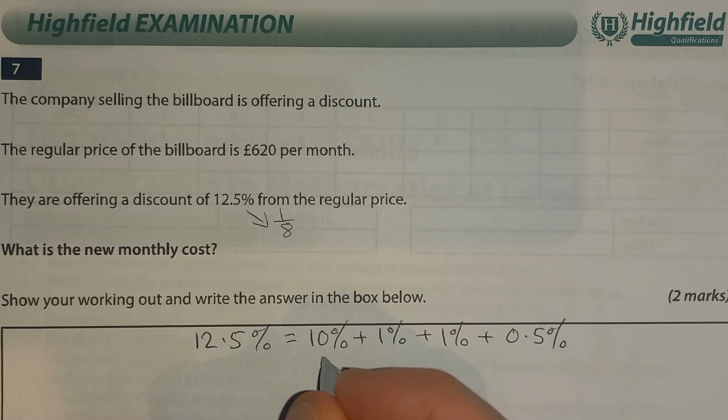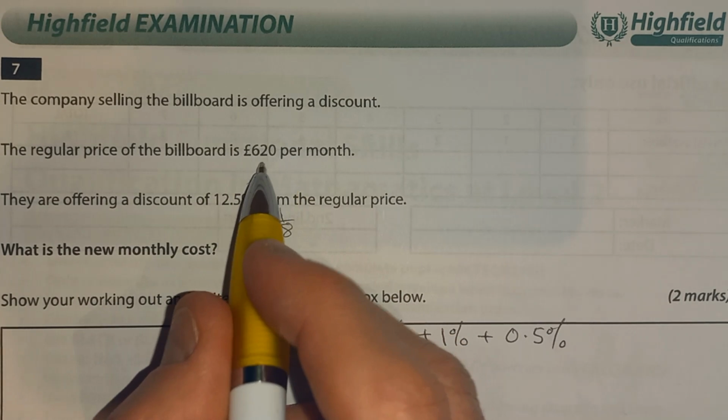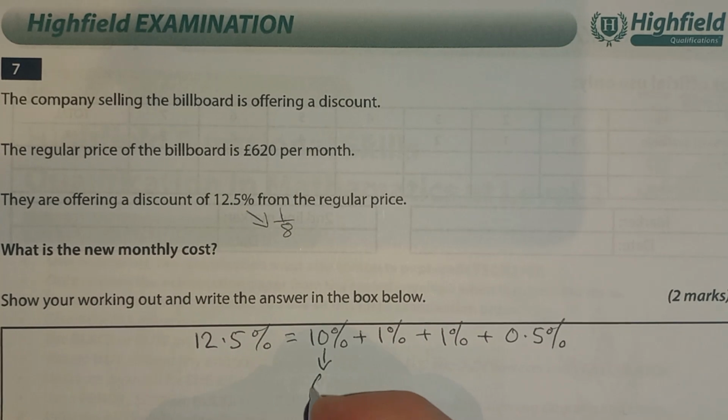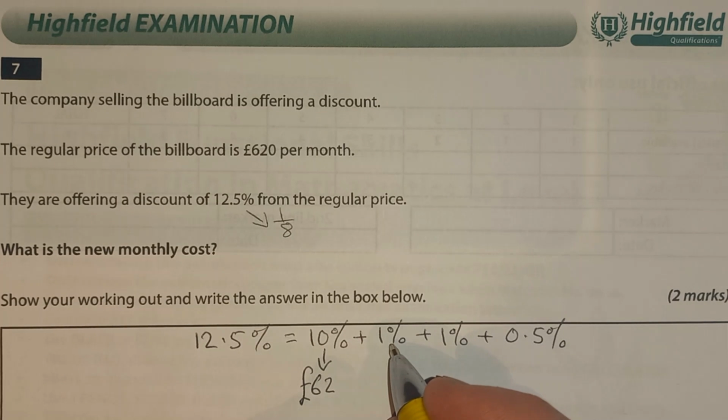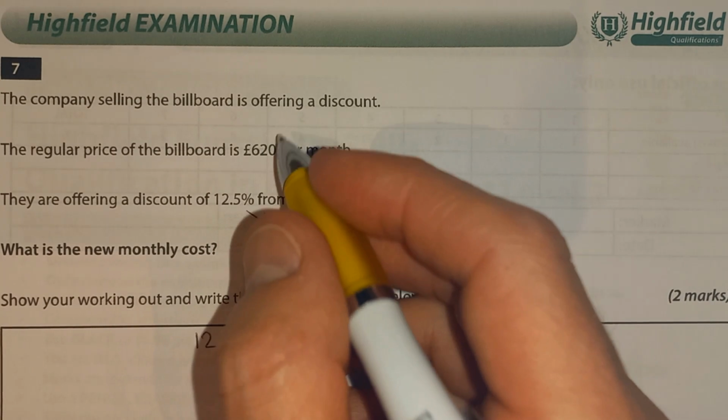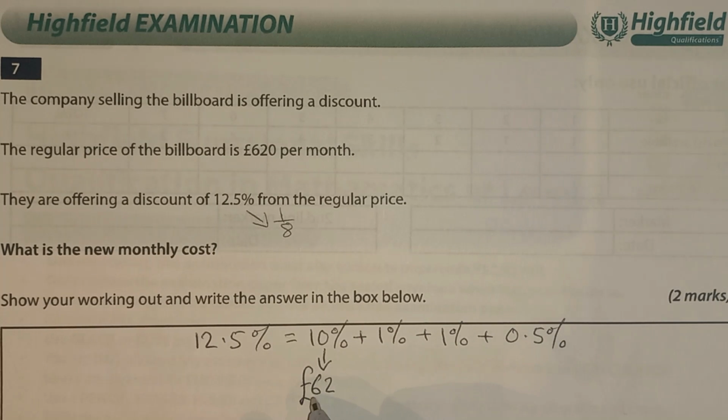So now we can say, well, 10%, well, I know for 10%, I just cross the 0 off. So that's going to be £62. 1%, well, that's like dividing by 10 again. So we haven't got a 0 to knock off anymore, down to 62, but instead we're going to move the decimal point over.